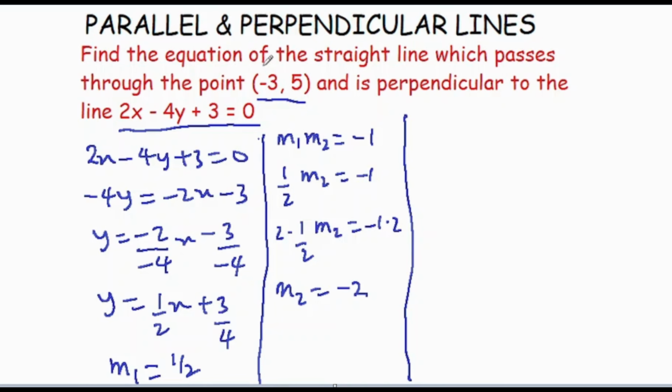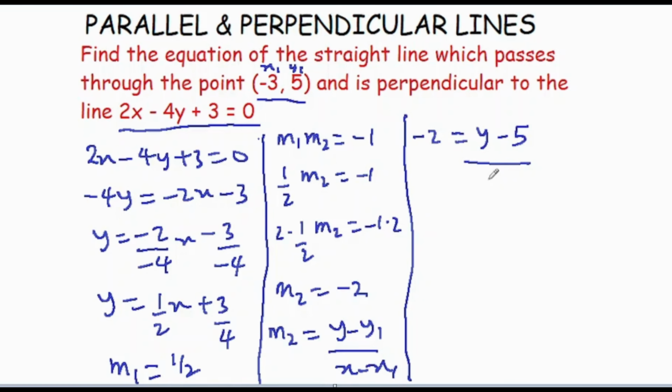So we take this to be our x1 and this to be our y1. So we are going to use this equation: m2 equals y minus y1 over x minus x1. So what's our m2? Our m2 is negative 2. That equals y minus our y1, which is 5, over x minus our x1, which is negative 3.